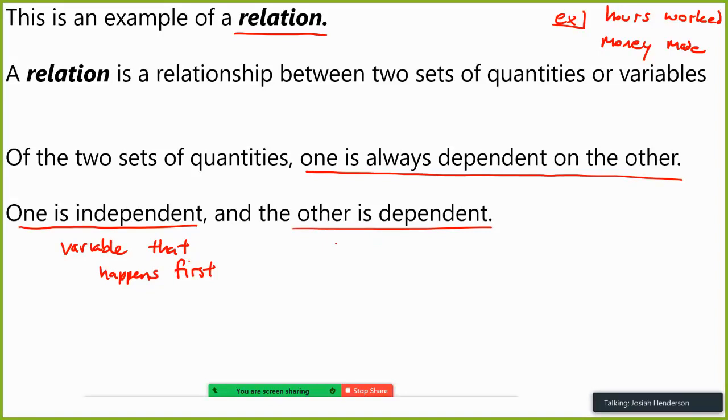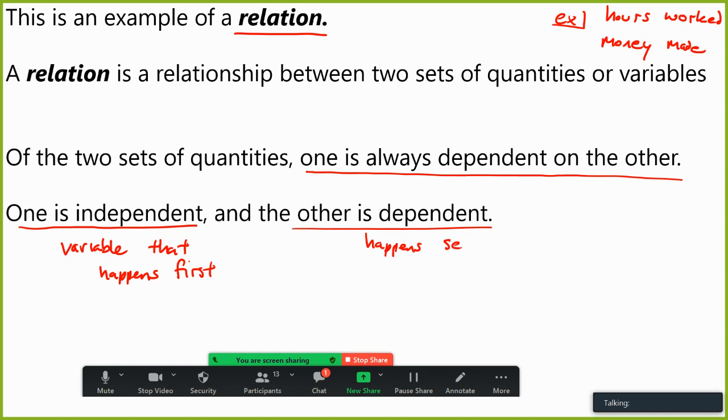And then the dependent one follows whatever the independent one is, happens second. So take a minute and keep copying this down. And then I want to ask a question.